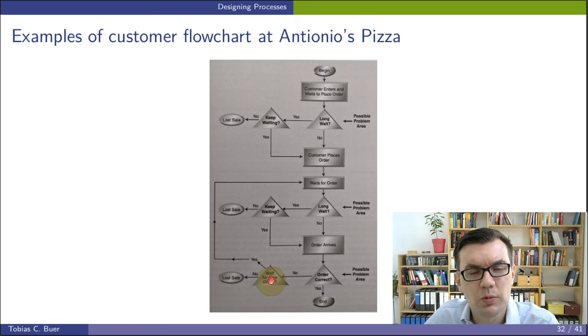If the customer is not willing to wait for the new order and leaves, then we again have a lost sales event. So you see, you can create with this simple notation more complicated processes with some inventory, decisions, events, and this helps to visualize and make the different processes, the different steps much clearer.